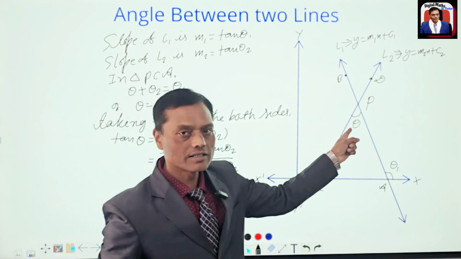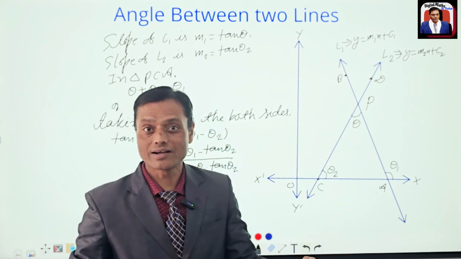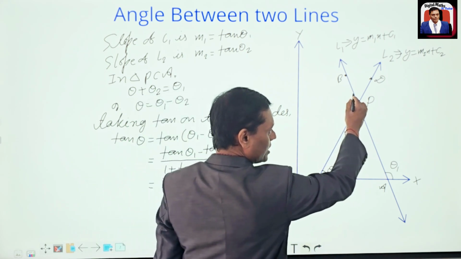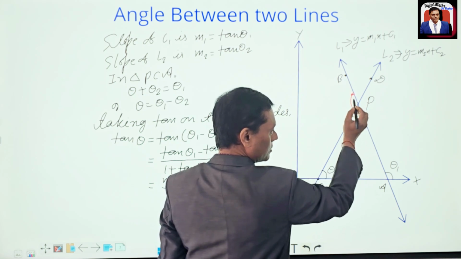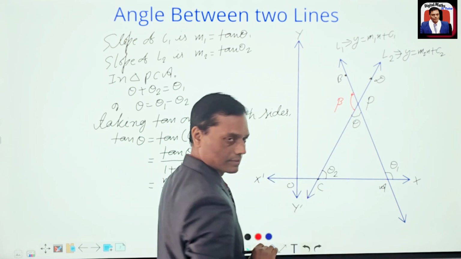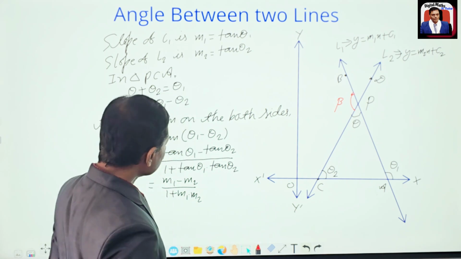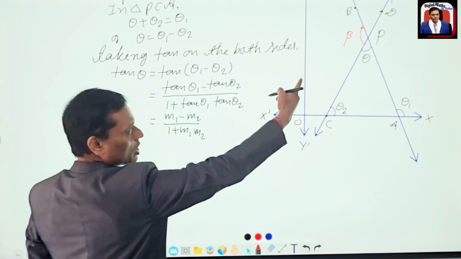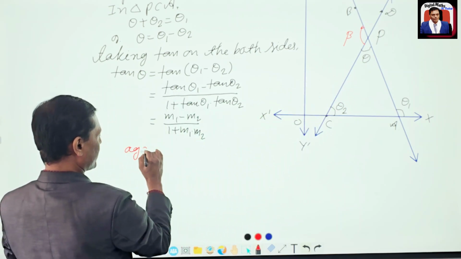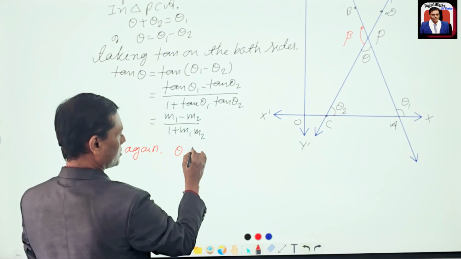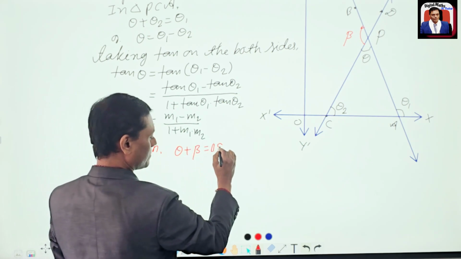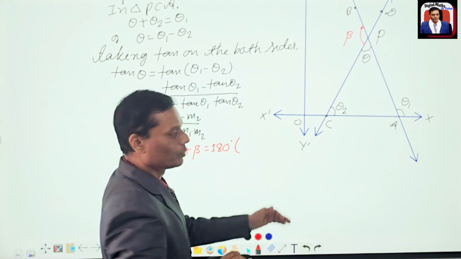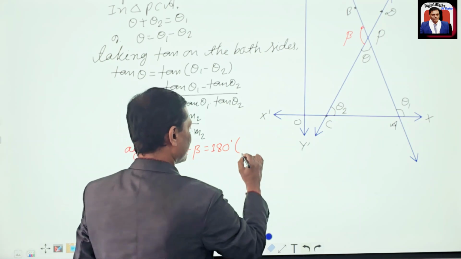So here theta is the acute angle. But what happens when the angle is obtuse? Let the obtuse angle be beta. Then theta plus beta equals 180 degrees, because these angles are a linear pair.